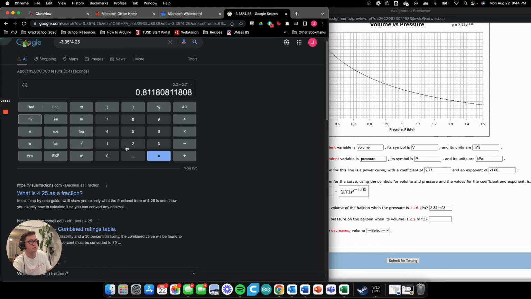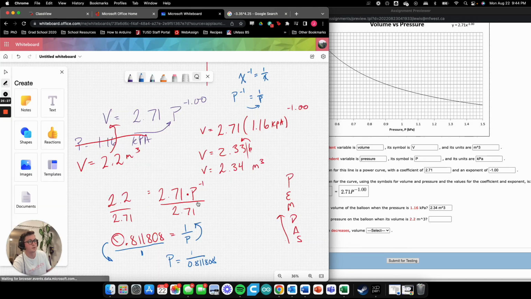Okay, so we're going to take 1 divided by the answer. And that gives us 1.23. That's a really nice answer. 1.23 kilopascals.